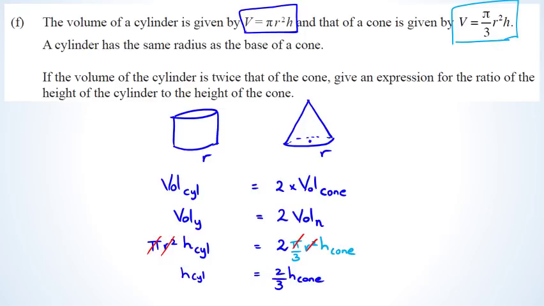So from here I can basically say that the ratio of the height of the cylinder to the height of the cone is 2/3. And that's basically it, folks.